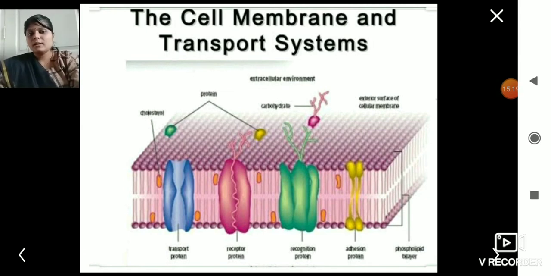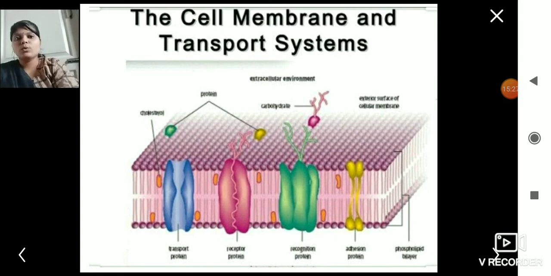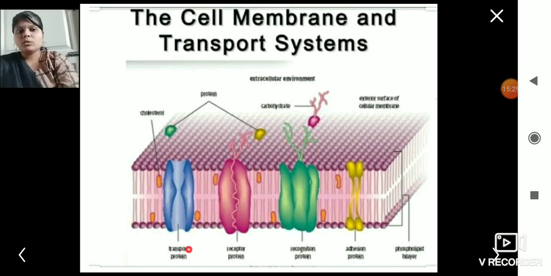But as you see in a diagram of the plasma membrane, you would really feel happy to see this, because you now know what it is and how it is going to look, and this is how the transport proteins are going to come inside.